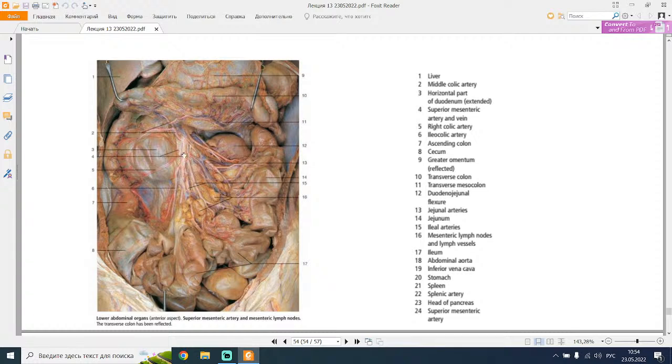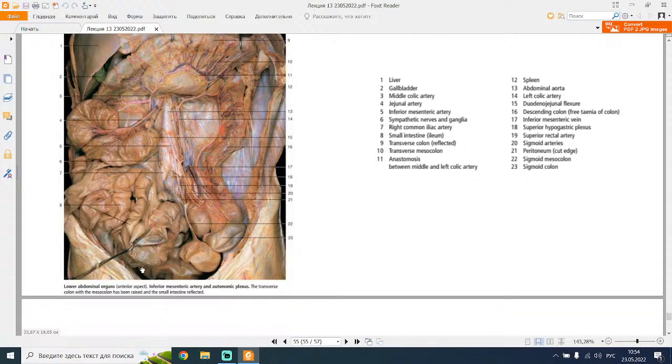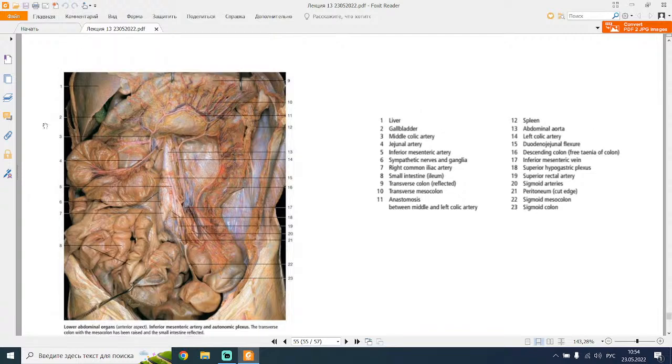Now here you see the arteria mesenterica superior, the jejunum, and arteria ilialis. Here is arteria mesenterica inferior.